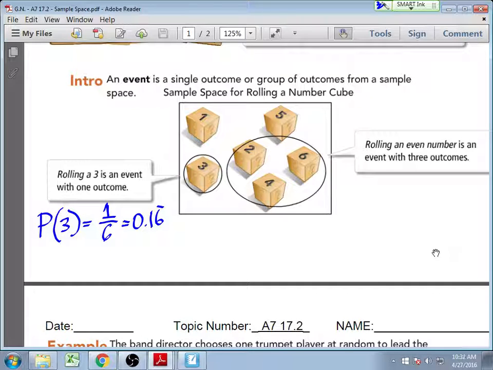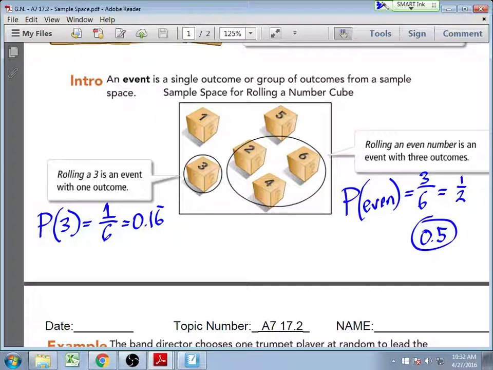Which as a decimal would be 0.16 with the 6 repeating. Now, Olivia, what's the probability of getting an even number when I roll a number cube? 1/2. Yeah, and I'm going to show the work. That's really 3 outcomes over 6, which reduces to 1/2, which becomes the 0.5.